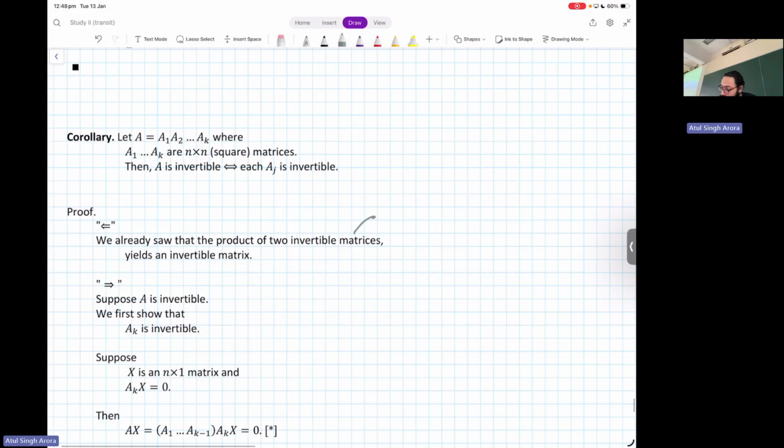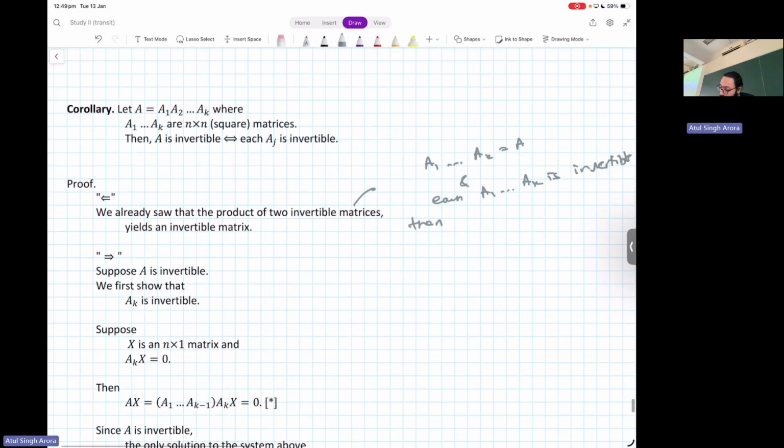So let's do this. If A1 to AK is capital A, and each AJ is invertible, then one can write, okay, so tell me what the inverse should be.